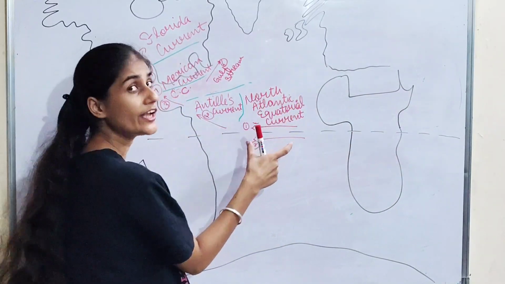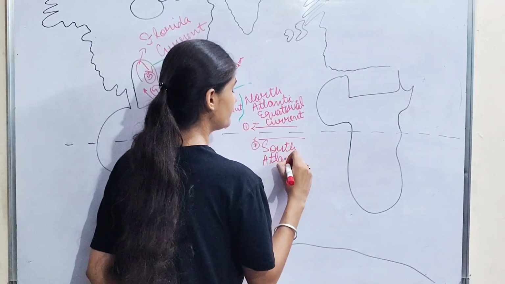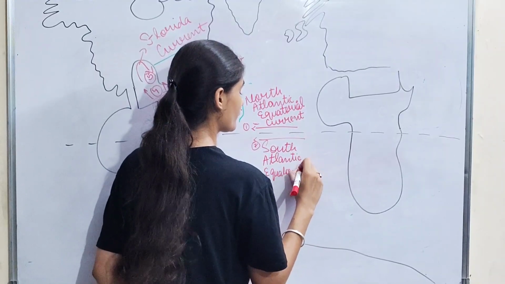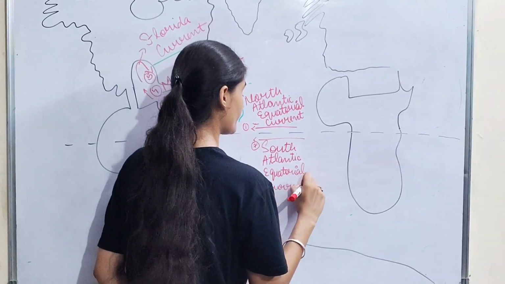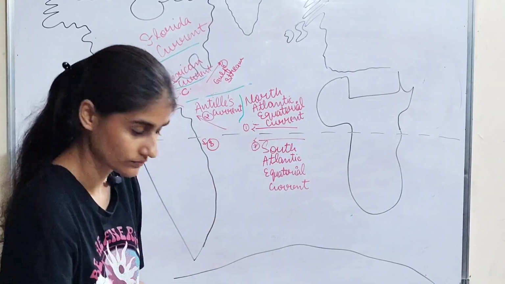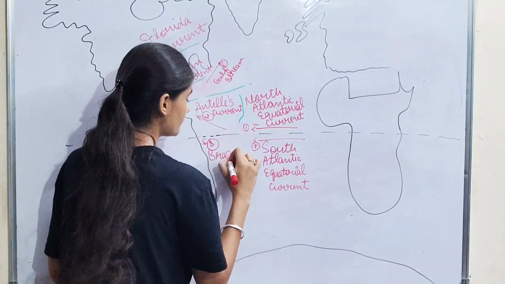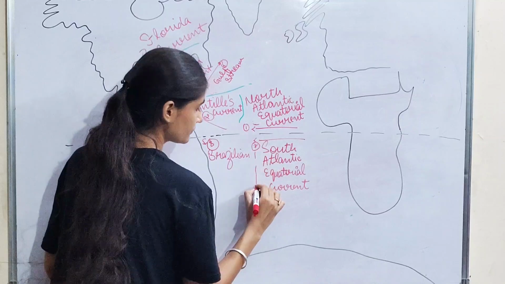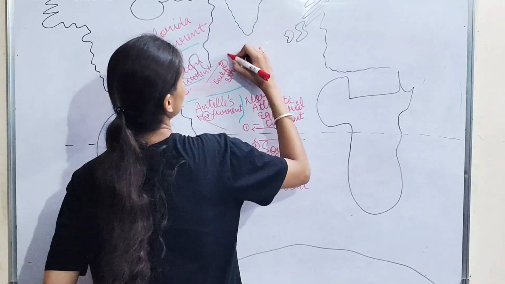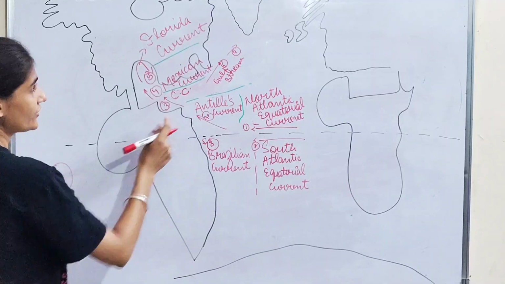Just as we have the North Atlantic Equatorial Current, similarly we have the South Atlantic Equatorial Current. Alright, next we have the eighth, the Brazilian Current. Okay, ninth we have, let me write ninth here because I don't have much space.